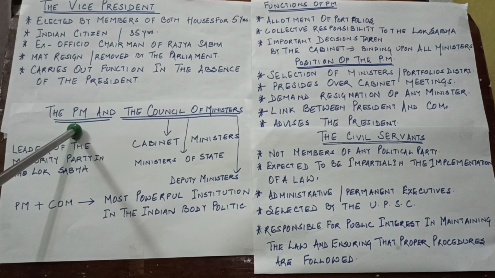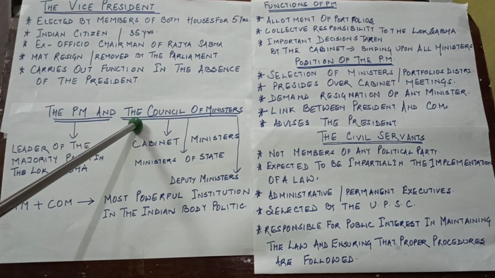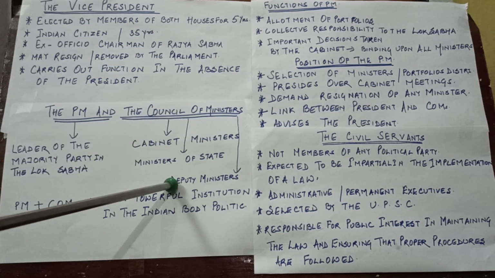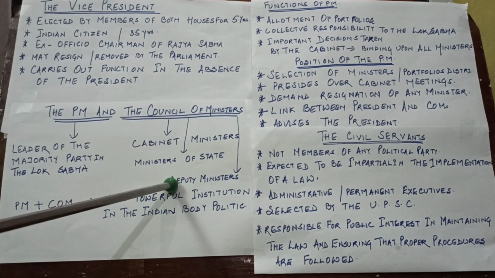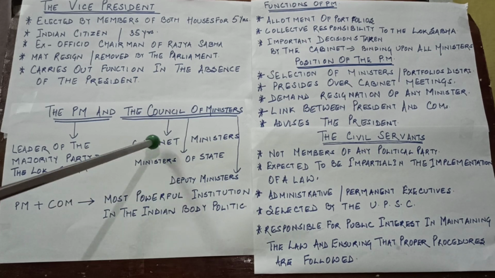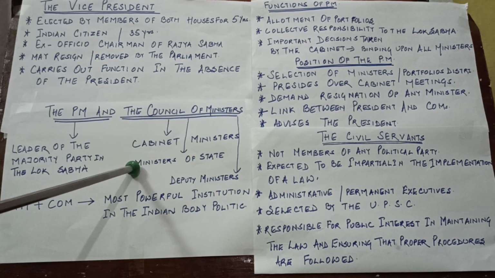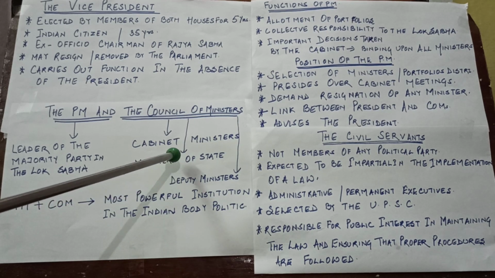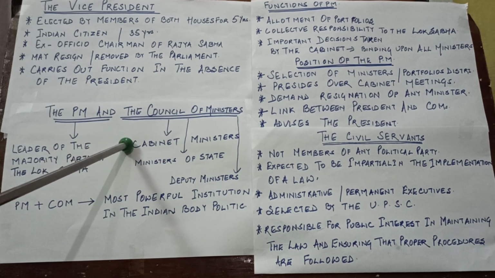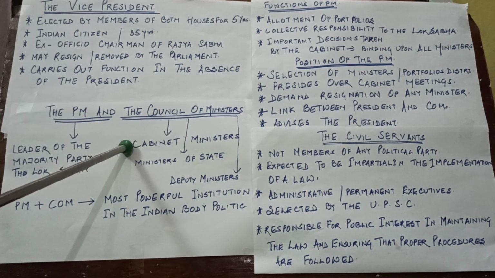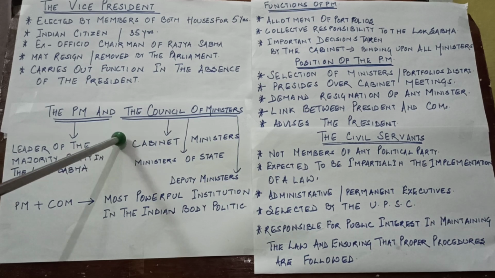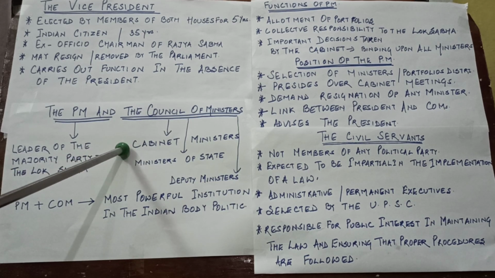After being elected as the prime minister, he selects his own council of ministers, which are divided into 3 categories. These categories being the cabinet ministers, the ministers of states and the deputy ministers. The cabinet ministers, they are the most important ministers who hold important portfolios such as the home, the finance and the defense.